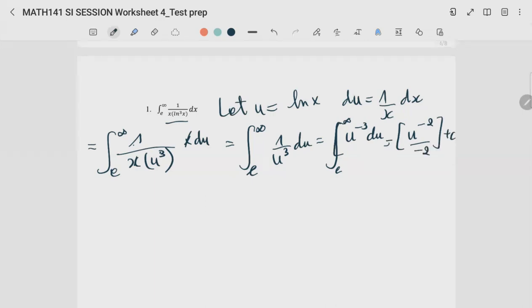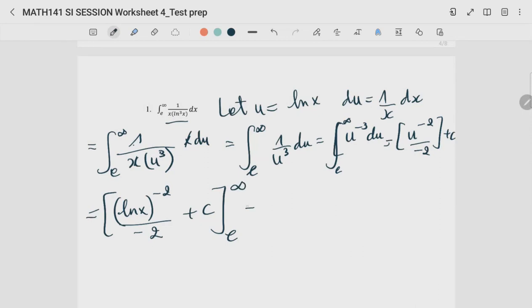And when you go back to the original u substitution, you have ln x to the negative 2 divided by minus 2, plus our constant of integration c, but now evaluated between e and infinity.